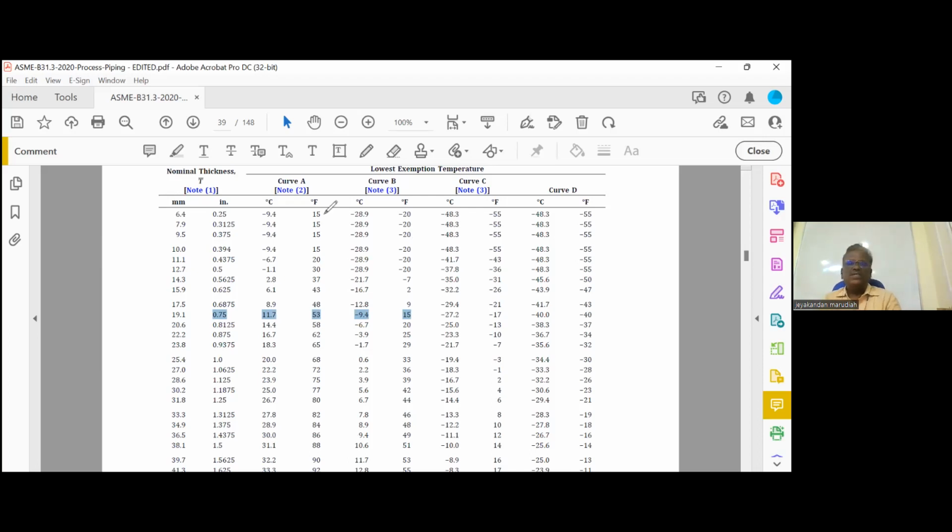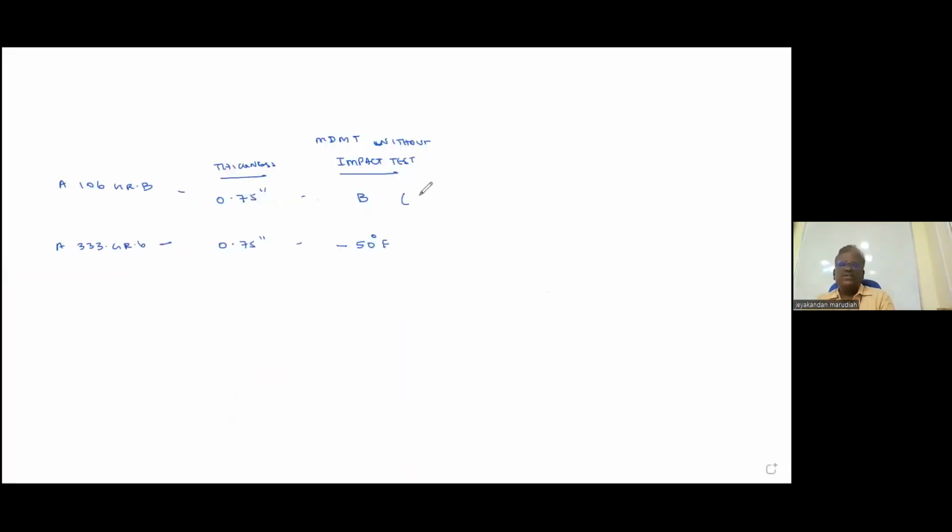The answer here is plus 15 degrees Fahrenheit, and here minus 50 degrees Fahrenheit. Sometimes, if the exam question gives a stress ratio, there is one thing called a stress ratio. I will write a stress ratio also. It is optional only, not mandatory.